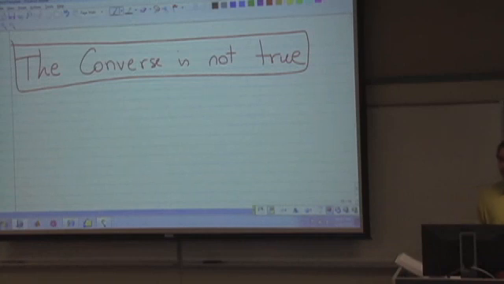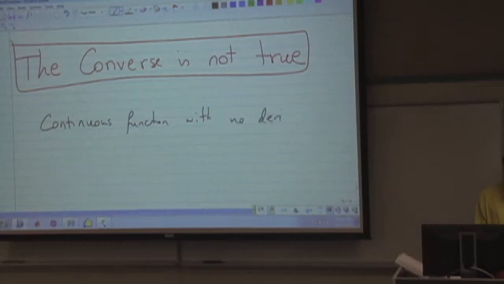So, can you give me an example of a continuous function with no derivative? I'm obviously talking about a particular point. One example is the one we just talked about, which is the absolute value. Think about the fact that it'll look like this.